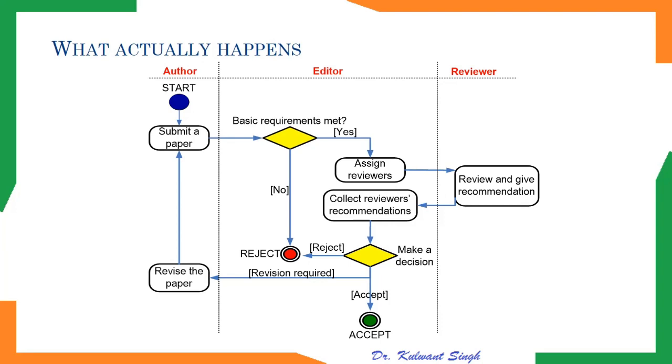But on the basis of the reviewer recommendation, the editor accepts the paper, and after acceptance, forwards it to the press for publication, for editing, for formatting as per the journal standards.